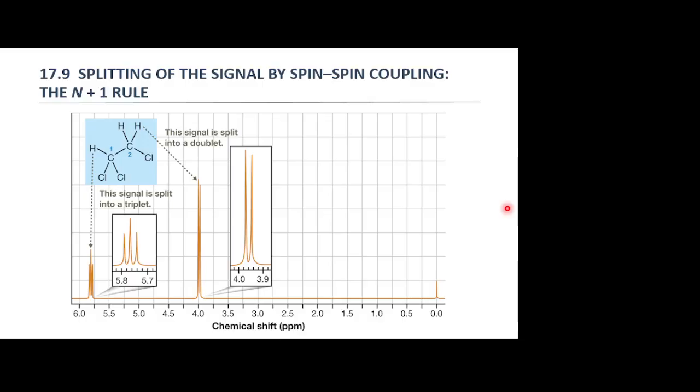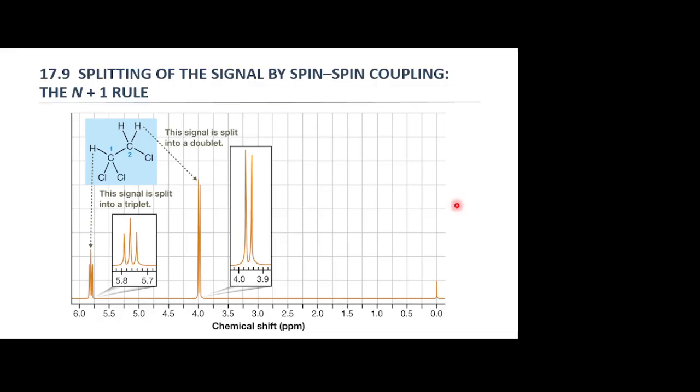Whenever we're talking about the protons that are doing this, we call them coupled. So these protons right here, these two versus this one, are experiencing coupling, and that's what's causing this effect. What we end up with is an N+1 rule.